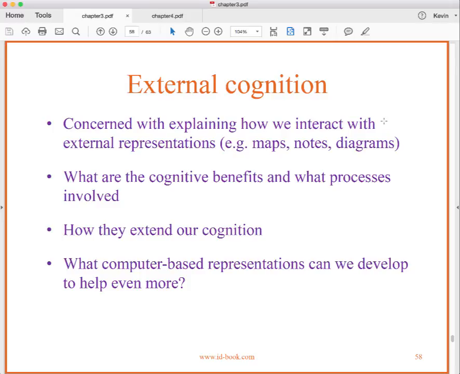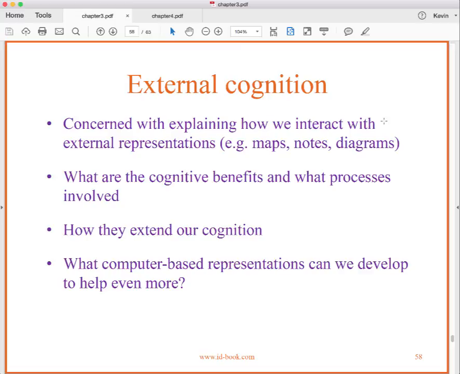Now, we have another category here that I think is pretty important, because this is something that we try to take advantage of with our information system solutions all the time. This is a place where we get called upon to design and to act.